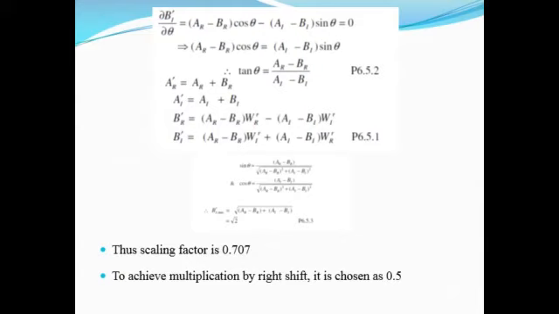To achieve this multiplication by the scaling factor, we are going to right shift it, and it is chosen as 0.5. So we are going to choose it as 0.5 and right shift it. This is just a theoretical approach that we are going to proceed with.